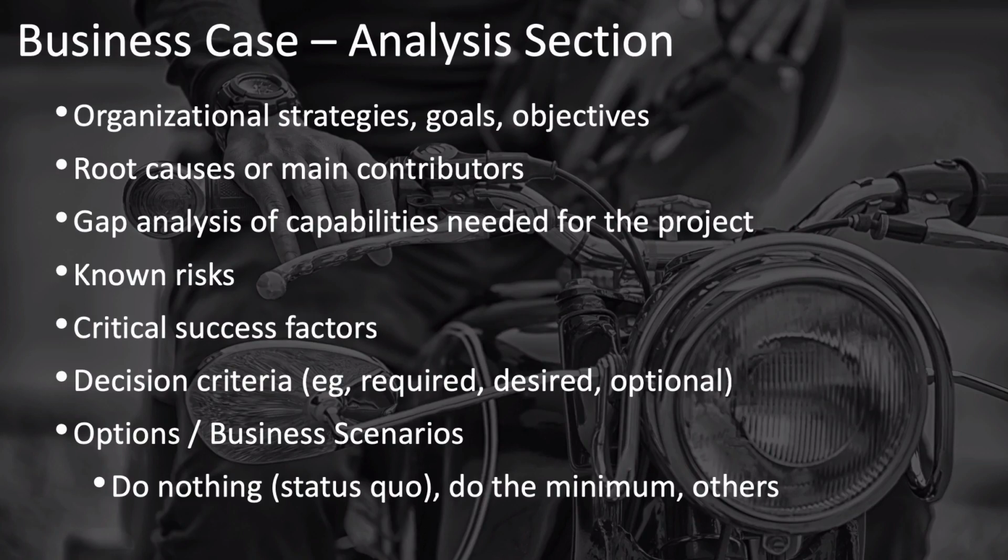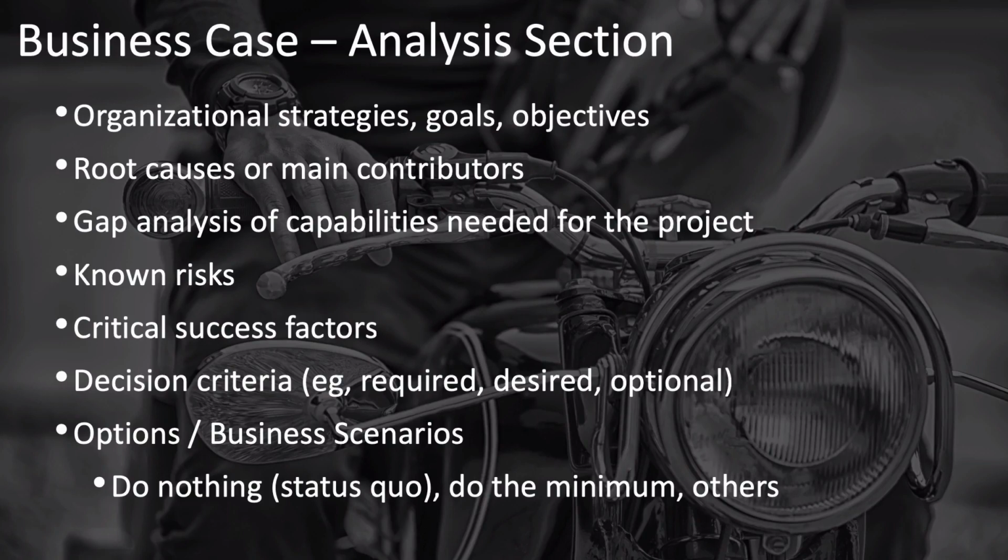It should probably also include some identification of those things that are required in order to address this problem or opportunity, those things that are desirable, and those things that are optional. And finally, it should include some options that stakeholders can choose from.